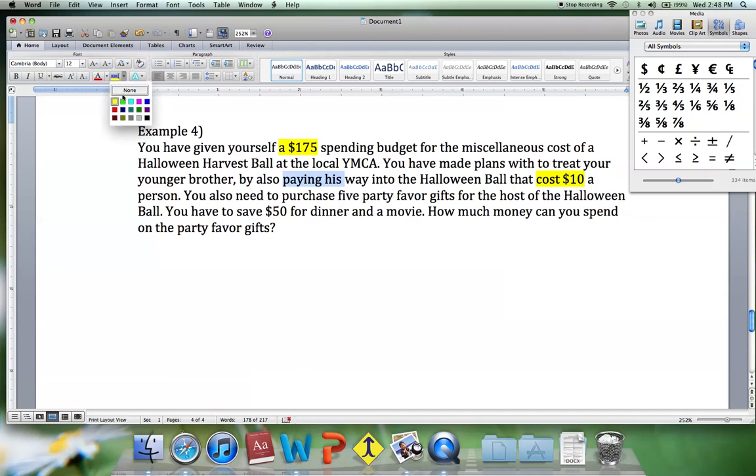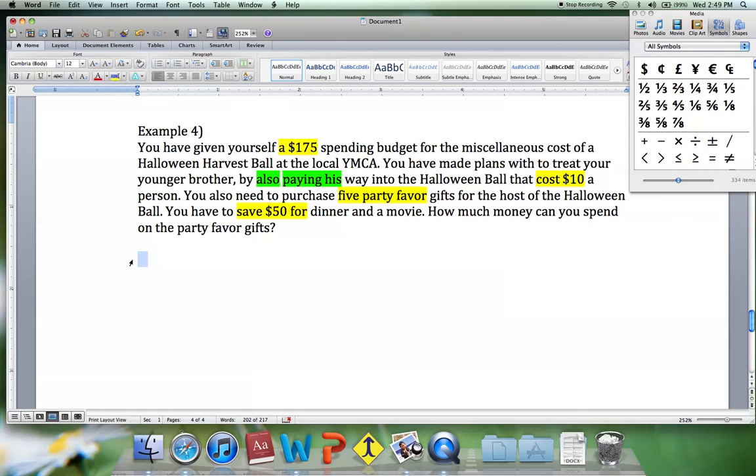And it says also, which means that you're not only paying your way in, but you're going to pay his way in as well. The next piece of information is that you need to purchase 5 party favor gifts. And you need to save $50 so that you could have dinner and a movie.